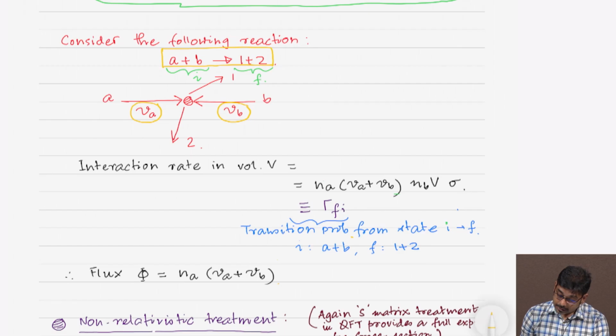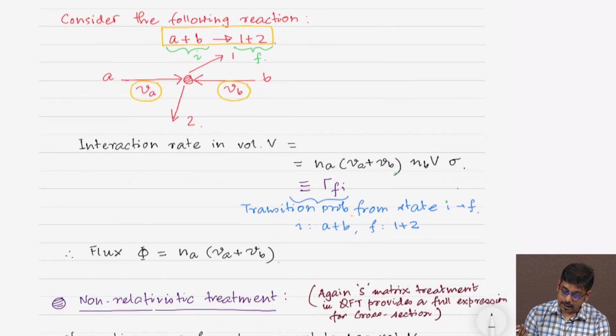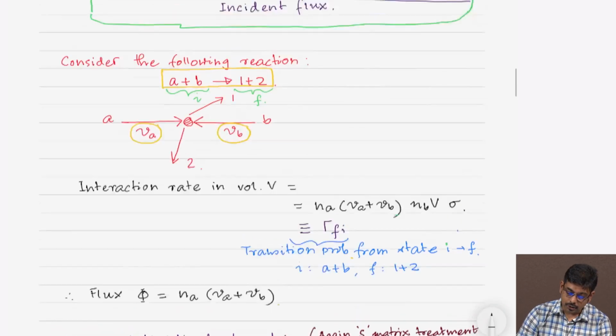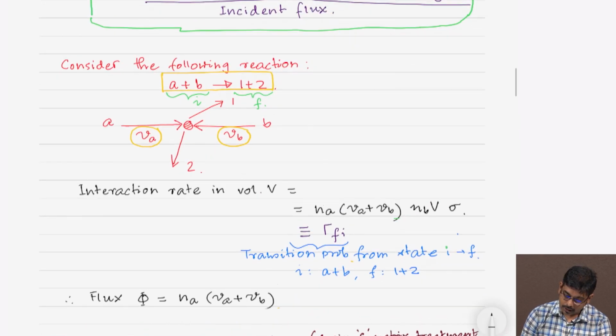Now, let us try to once again write the interaction rate in volume V. How do I write it? So, this will be once again the flux times the number of target particles times the cross section, right.